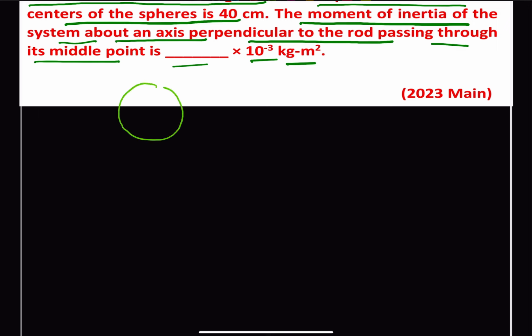So suppose this is one sphere, this is the second one, and the centers are connected by a rod. The total length of this rod is 40 cm, and we have to find the moment of inertia through the axis which passes through the center of the rod.